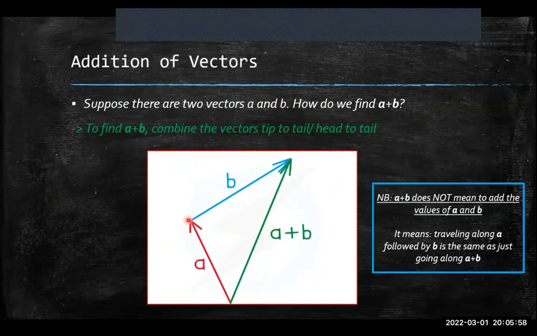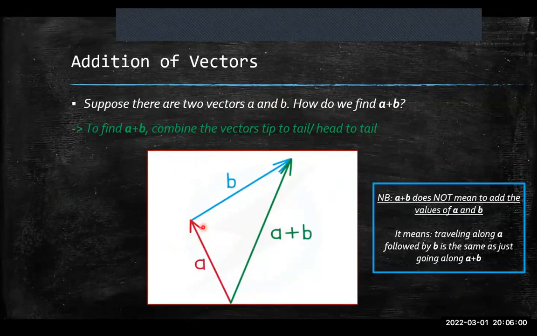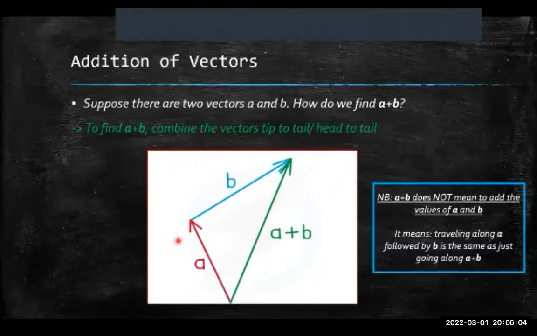What do I mean by that? This would be considered the head of the arrow, and looking at the blue vector, this tail right here. So it's always arrowhead to arrow tail, right? That's how you combine vectors.